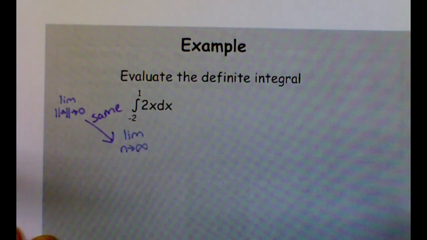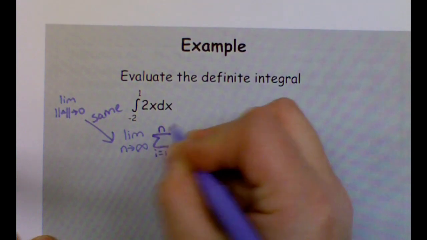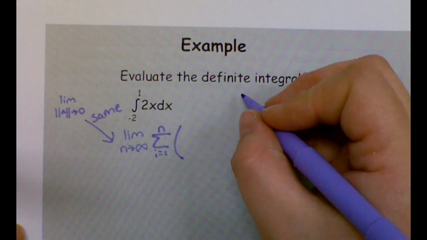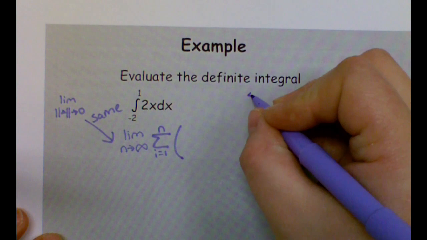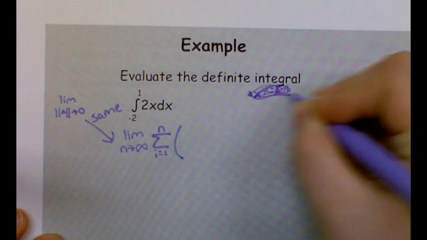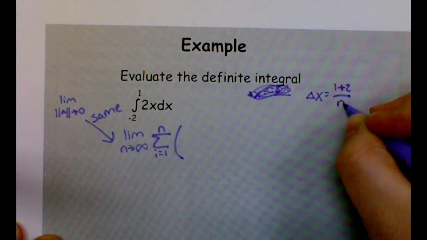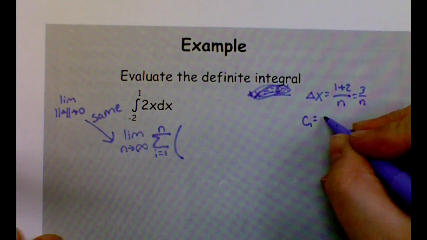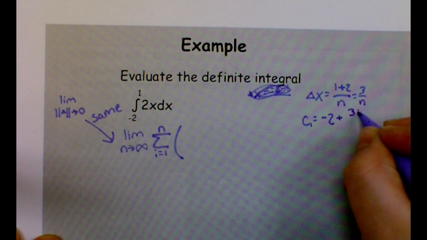Those two things mean the exact same thing, just a different way of writing. From i equals 1 to n of f of c sub i delta x sub i. So delta x will be 1 minus negative 2 over n, which is 3 over n. C sub i is negative 2 plus 3i over n.